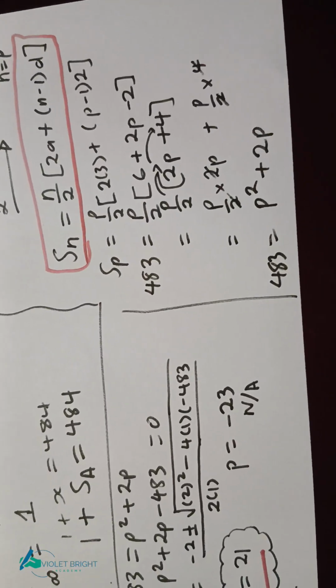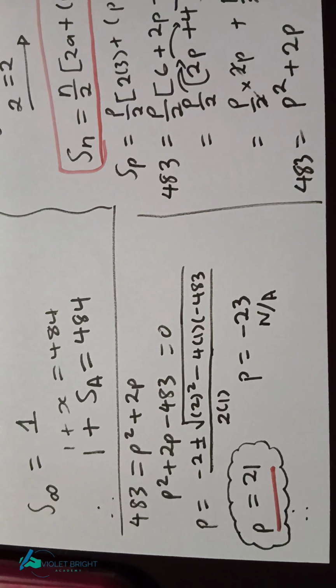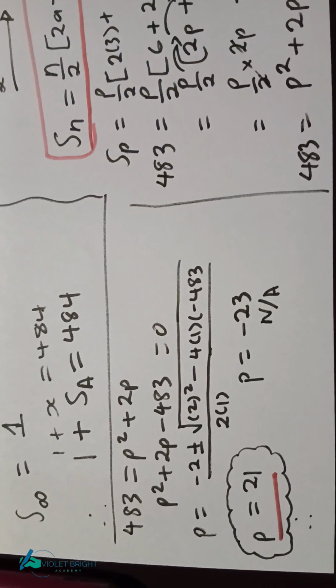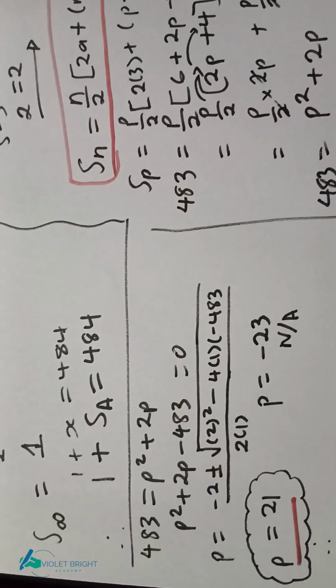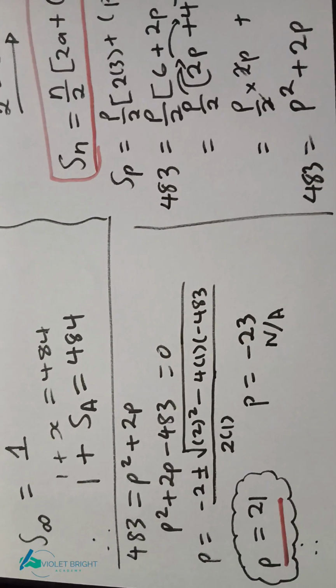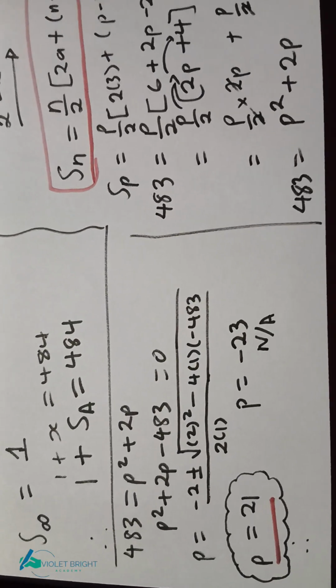We can use the quadratic formula. I prefer it because 483 is a huge number, so you would waste time trying to find the factors of 483 and 2.